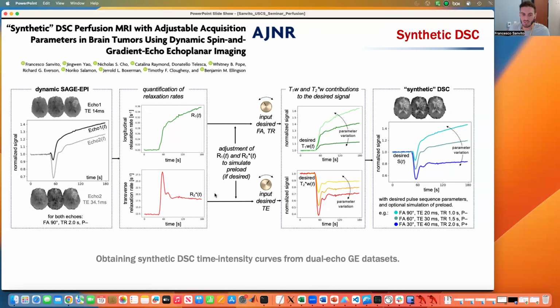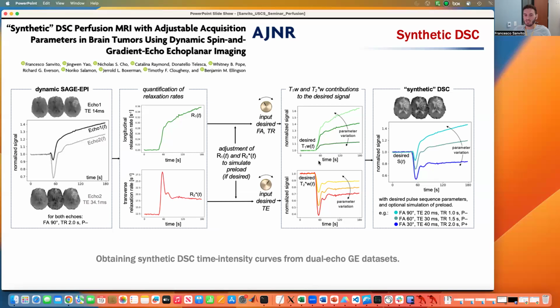Once we get these, let's call them ground truth relaxation rates, the idea was to re-input these curves into the Bloch equations again. So we use the Bloch equations to derive these curves, but now we can use the Bloch equations again from these curves to input whatever flip angle, echo time, repetition time that we want, and simulate what the T1 weighted and T2 star weighted components of the curve would look like with a certain combination of pulse sequence parameters such as flip angle and whatnot.